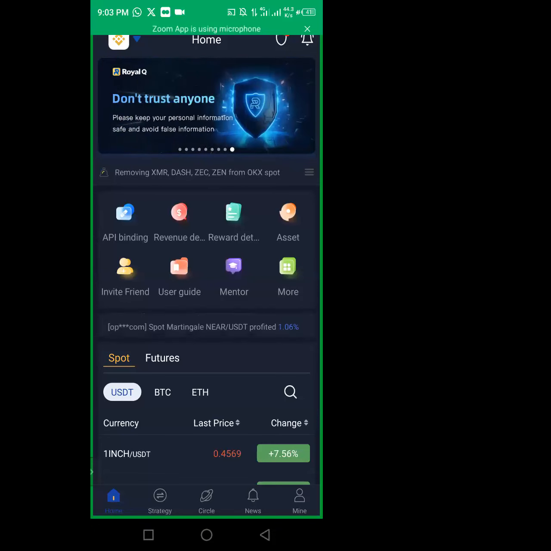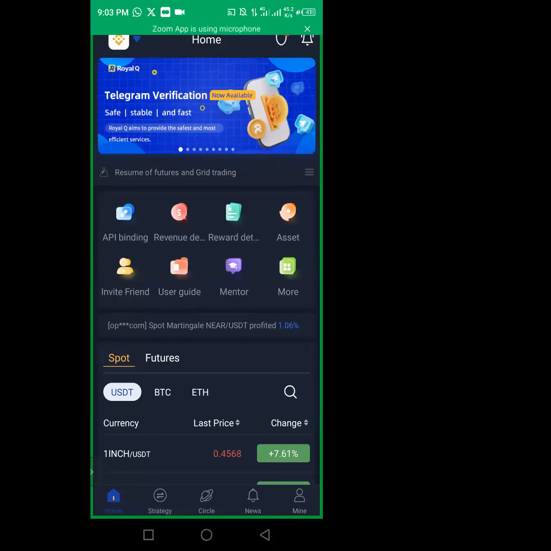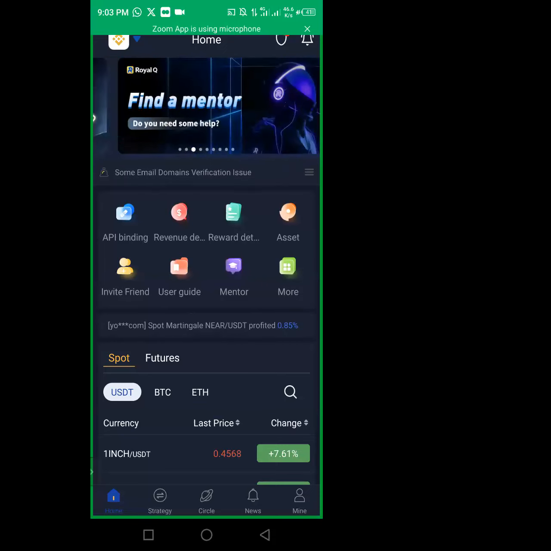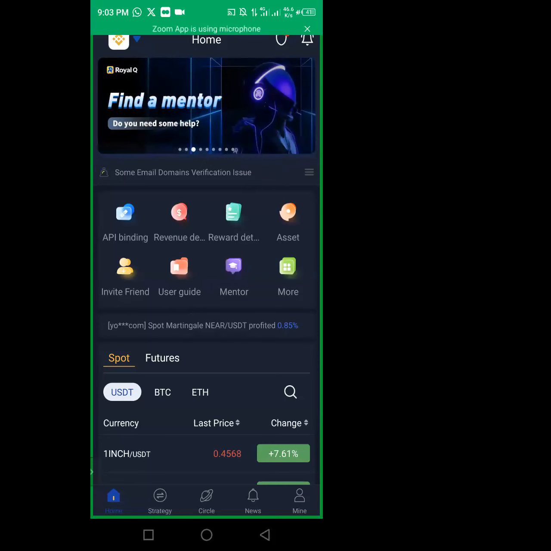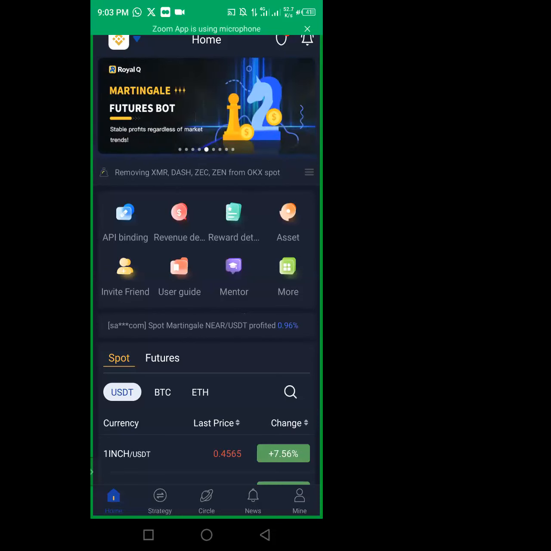Because if you walk from Lagos to Abuja, or you bend down and start washing your clothes, you will know the difference when you use the washing machine or use a plane to fly to Abuja. You will feel the difference. So it's the same thing. Manually, I've explained the manual type when we go to Binance and trade. I've explained the reasons why we have to use Royalq.